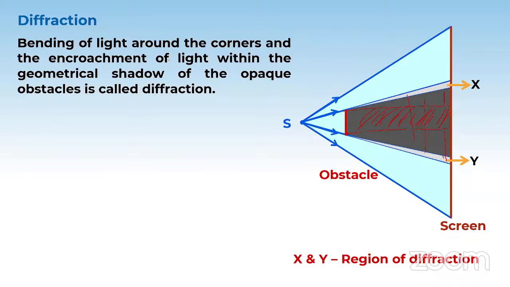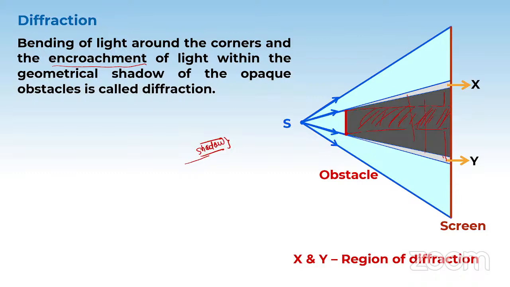Now, bending of light around the corners and the encroachment of light within the geometrical shadow of the opaque object is called diffraction. What do you mean by encroachment? Encroachment means, look, whatever the area of shadow, this is, let's say, the shadow.